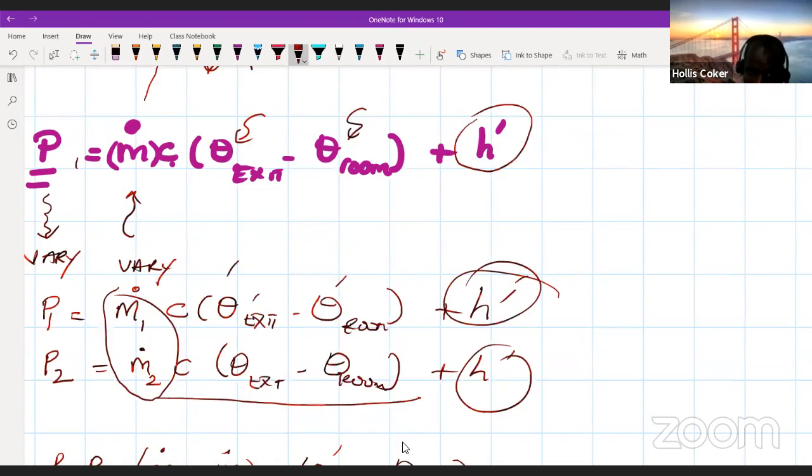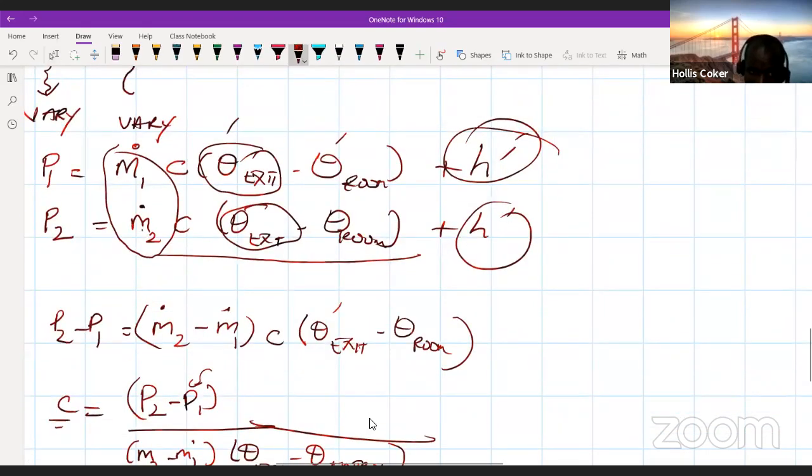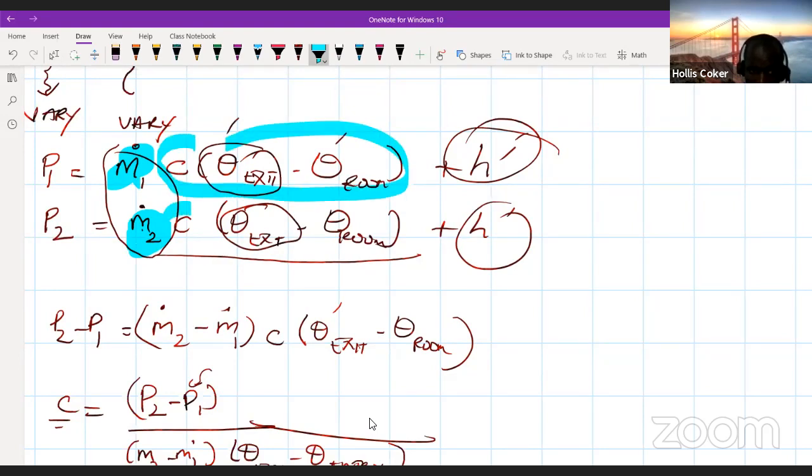This is the inlet temperature, exit temperatures must be the same, right? That's how we're able to write this, these two are the same. Those are two things that are different. This is M1 of this, all this is the same. This is M2 of all of this. So you have M2 minus M1 of all of that.